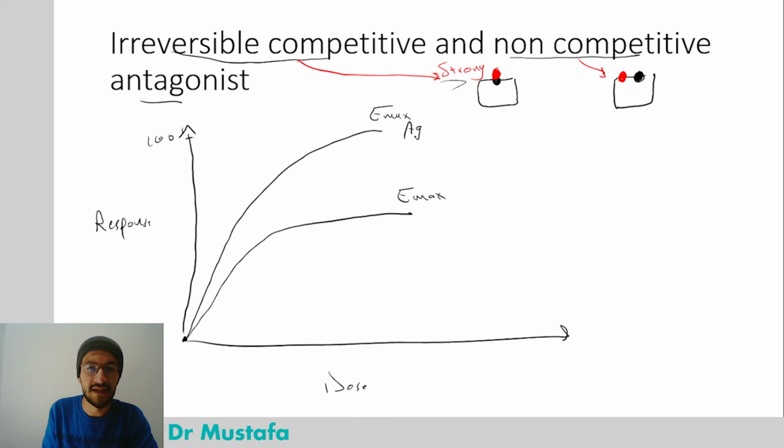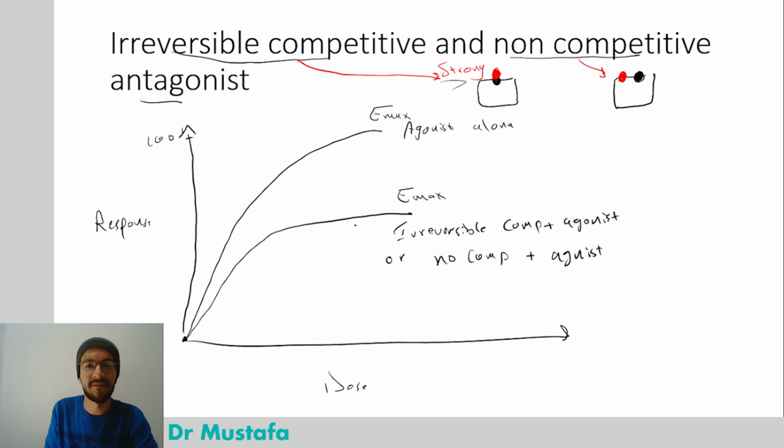So here we have the agonist alone, and here we have the irreversible competitive plus agonist, or the non-competitive plus the agonist curves.